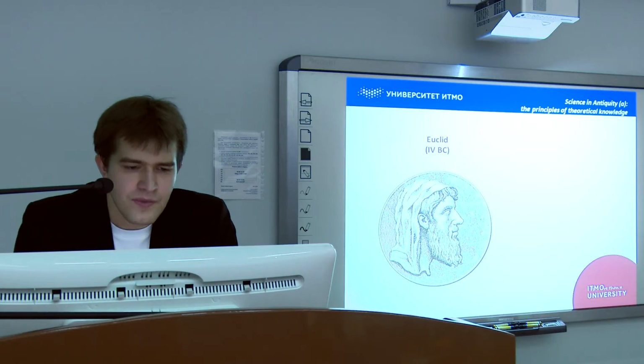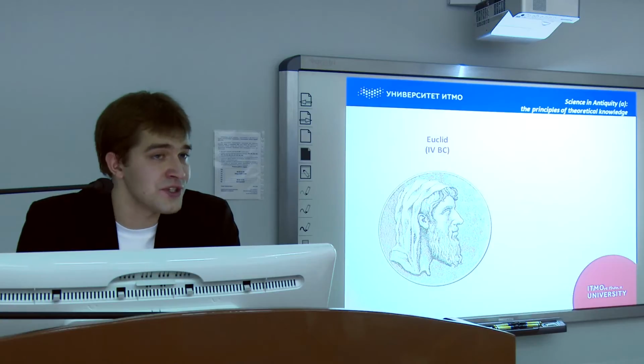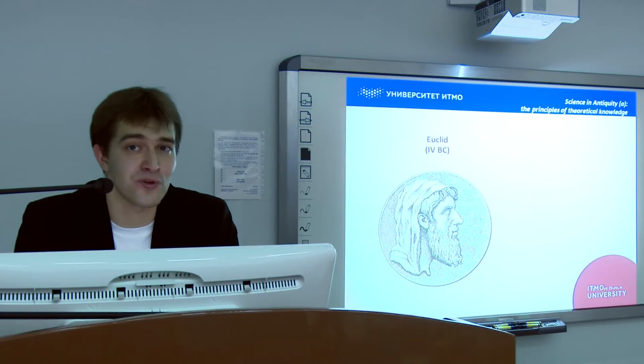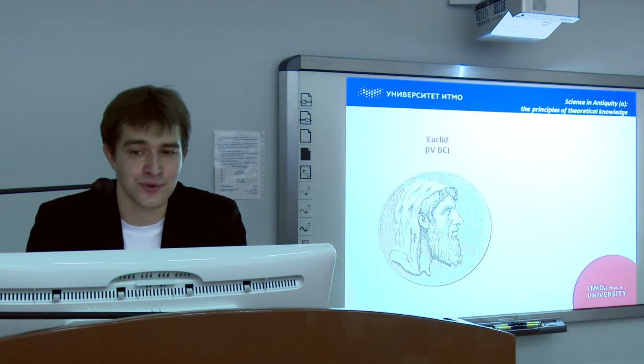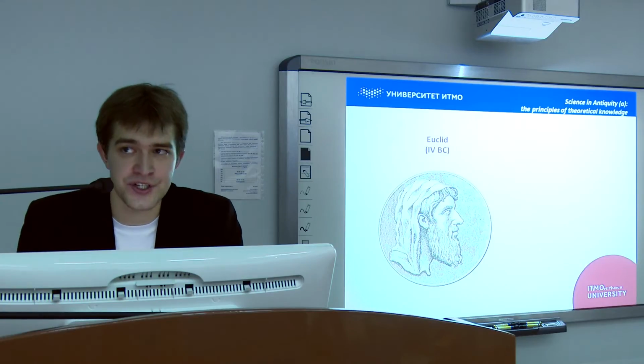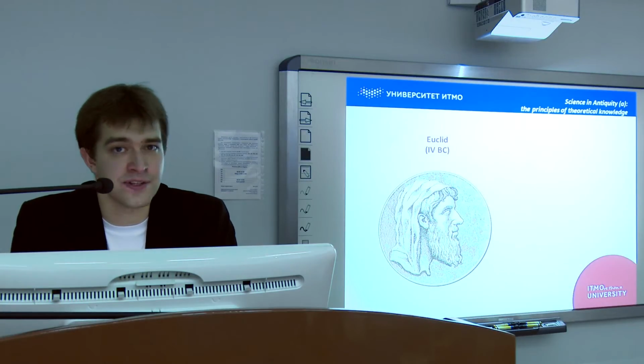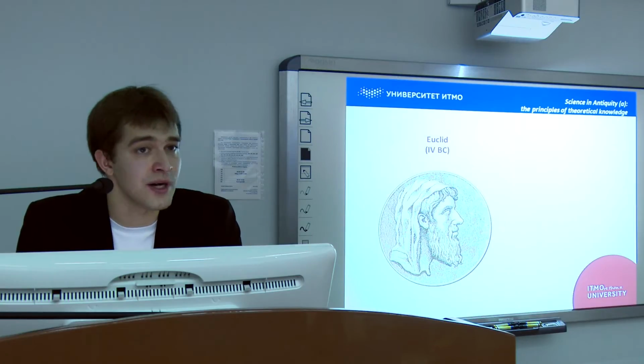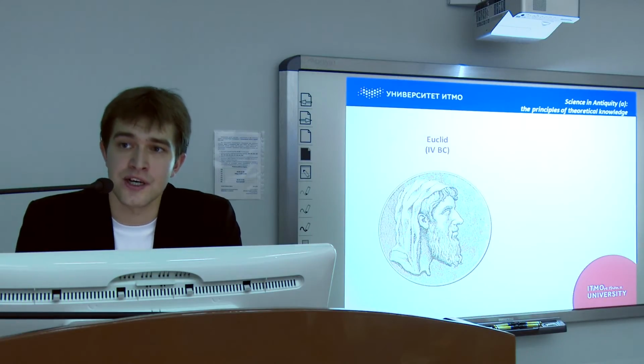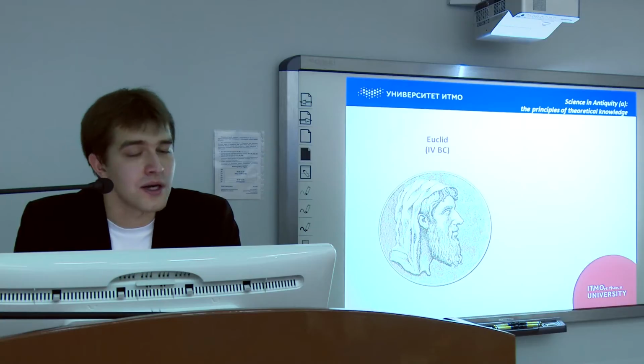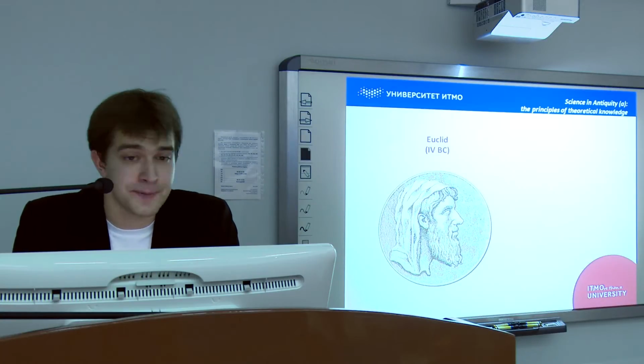So this obvious position lay at the very basis of the so-called Euclidean geometry, and it was re-examined and reconsidered only in the late 18th and the very beginning of the 19th century by the famous German mathematician Riemann and our Russian geometer Lobachevsky.